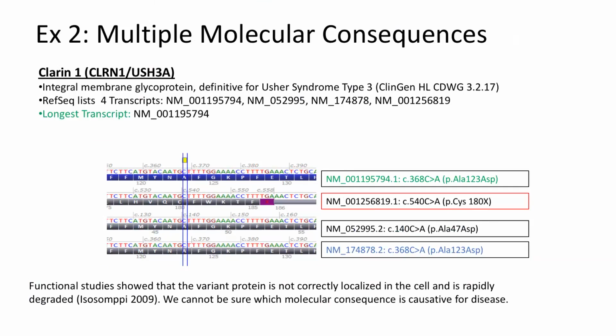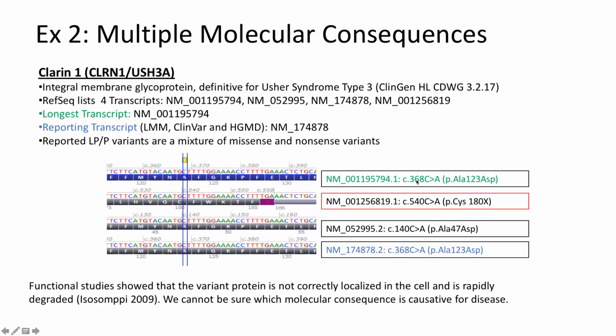The longest transcript is listed in green, and that's here, and the variant is a missense variant in that transcript. The reporting transcript that our lab uses that's largely present in ClinVar and the Human Gene Mutation Database is the one in blue. That's here, and that's also a missense variant on that transcript. However, there is also another transcript that's boxed in red where the variant is a nonsense variant.